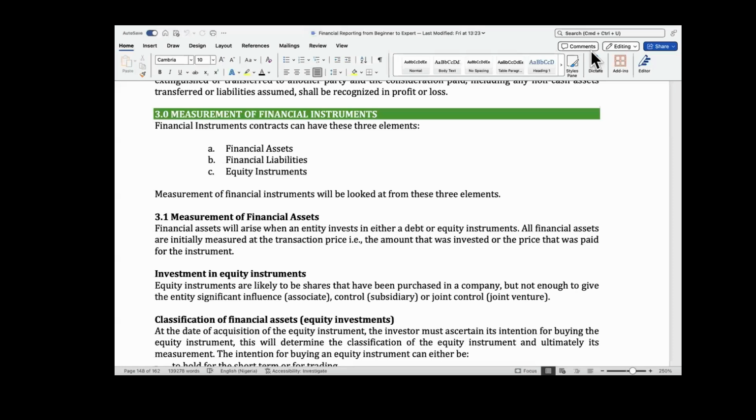So IAS 32 really teaches us how to identify whether the issuer has a debt or equity. I gave you several scenarios. I even gave you assignments to be able to identify what an issuer has. Is it debt or is it equity?